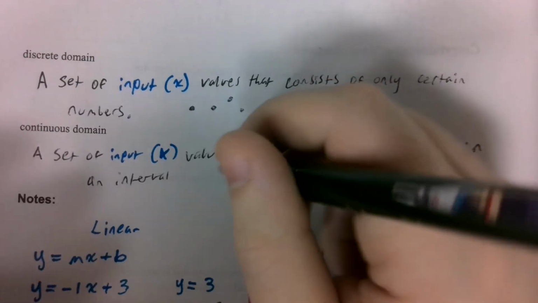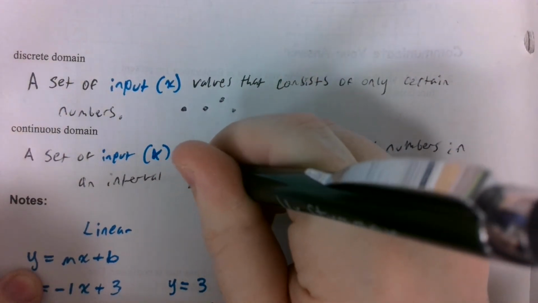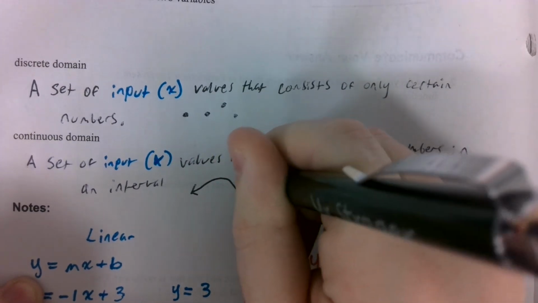This is any time you end up with a line or a curve as your graph.